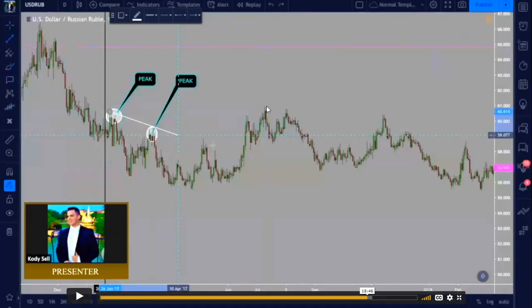But as we're going through this, when we're using different tools, I do mention to you where they are located. Okay, so that's what he's using. He's using the trend line tool to get our trend line.